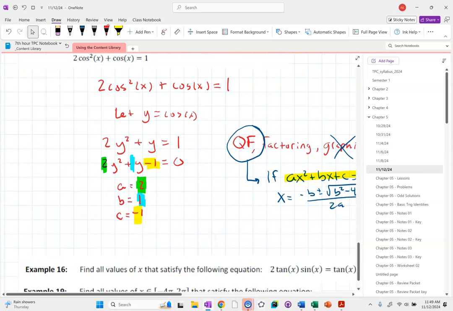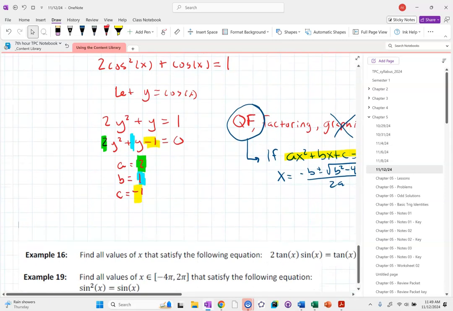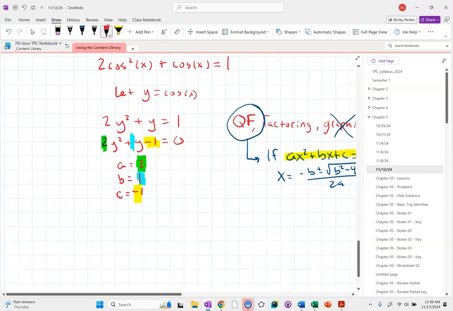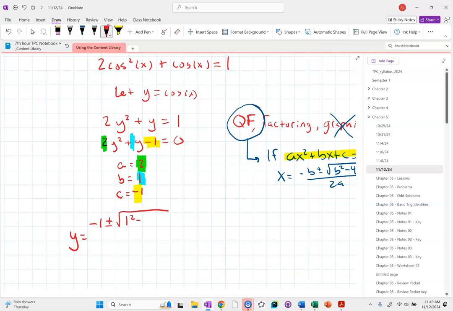Good. So we can say then y equals negative 1 plus or minus square root 1 squared minus 4 times 2 times negative 1 all over 2 times 2. So far, so good?